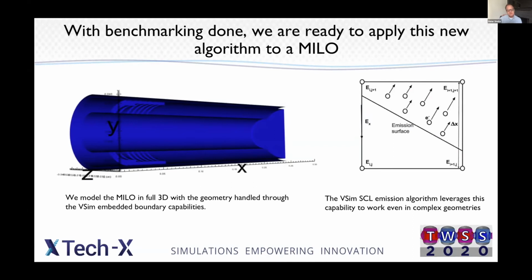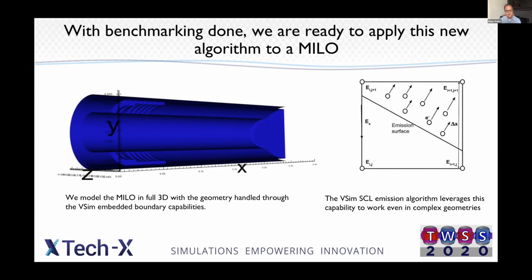But one thing I wanted to mention first is that suddenly our emission surfaces are not going to align with the grid. And if you have done PIC simulation a lot in your life, you know that that's challenging. If you have not done PIC simulation, this is one thing that VSim is really known for.